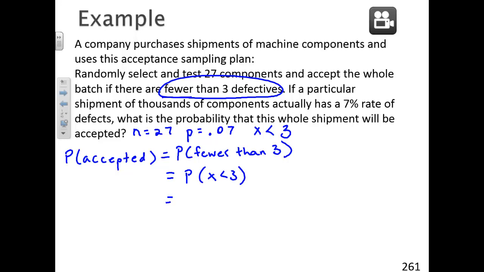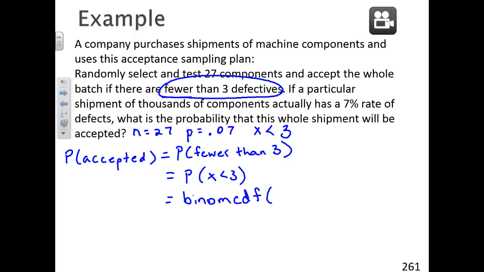In order to find that, we can use our binom CDF function, and I showed you in the previous video how to go to the calculator and enter that on the first example. We're going to use the cumulative function, so make sure you choose the binom CDF, not PDF.